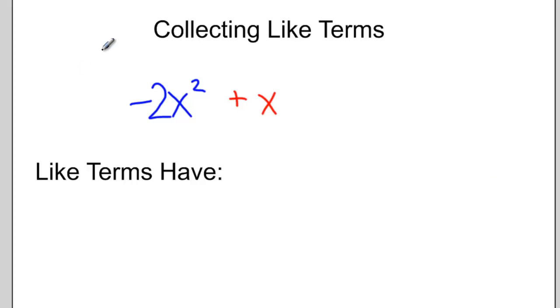Like terms are terms that have the same variable and exponent.